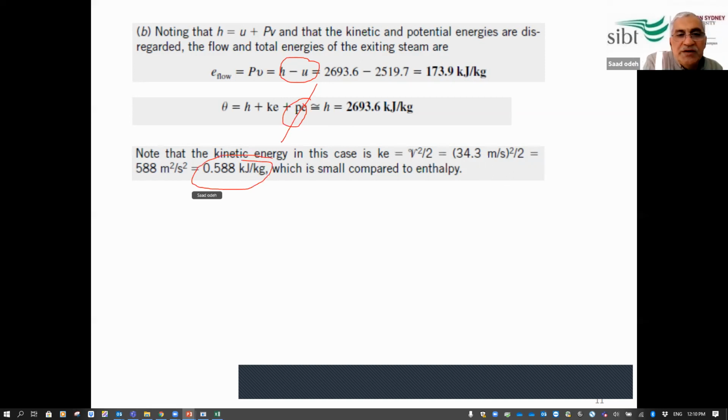The kinetic energy is 0.588 kilojoule per kilogram, while the enthalpy by itself is 2,693. So 0.5 is almost nothing compared with the 2,600. So the kinetic energy is not affecting too much in this system, but in the energy equation, we should include it because we have enthalpy and we also have kinetic energy, but we don't have potential energy.